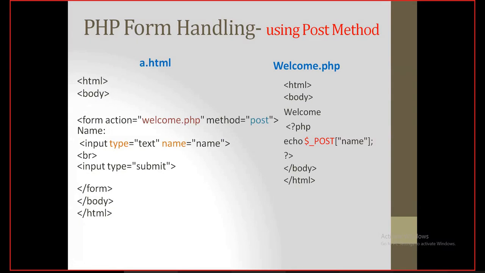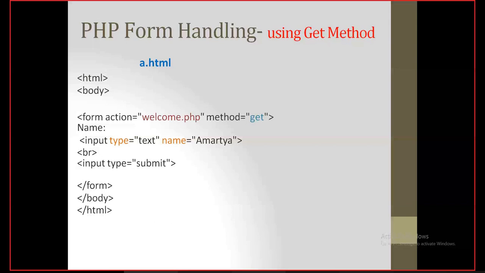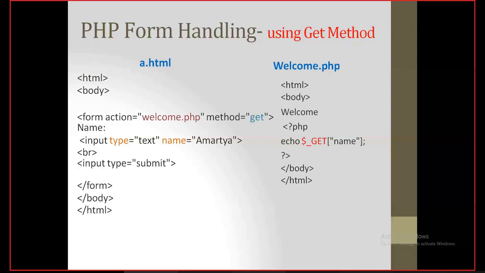As a result of which we are going to get the value of this input field in return, and that will be printed. Fine. Similar to $_POST, we have the $_GET super global variable, right? So here the method was get, and that is why we will use this particular super global variable to access the value, right? Simple.